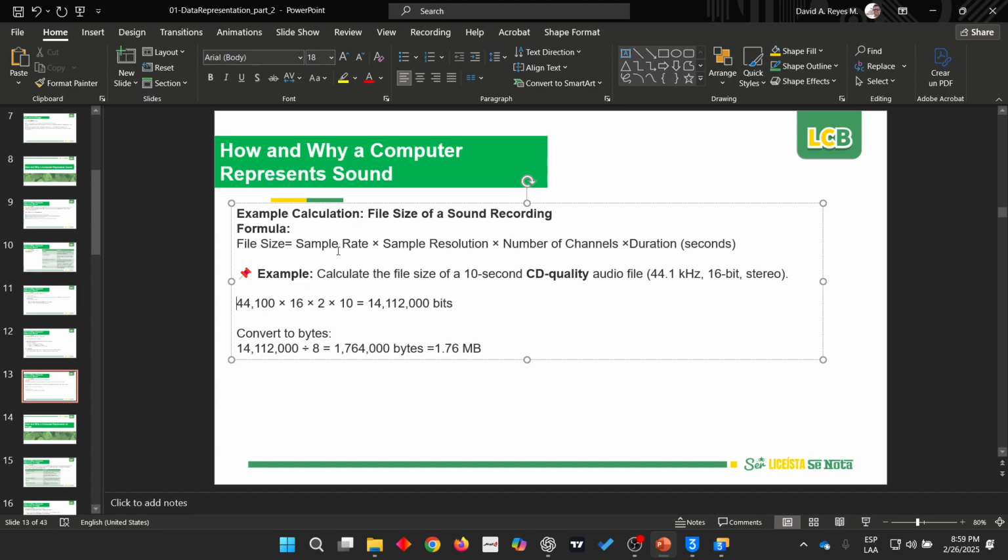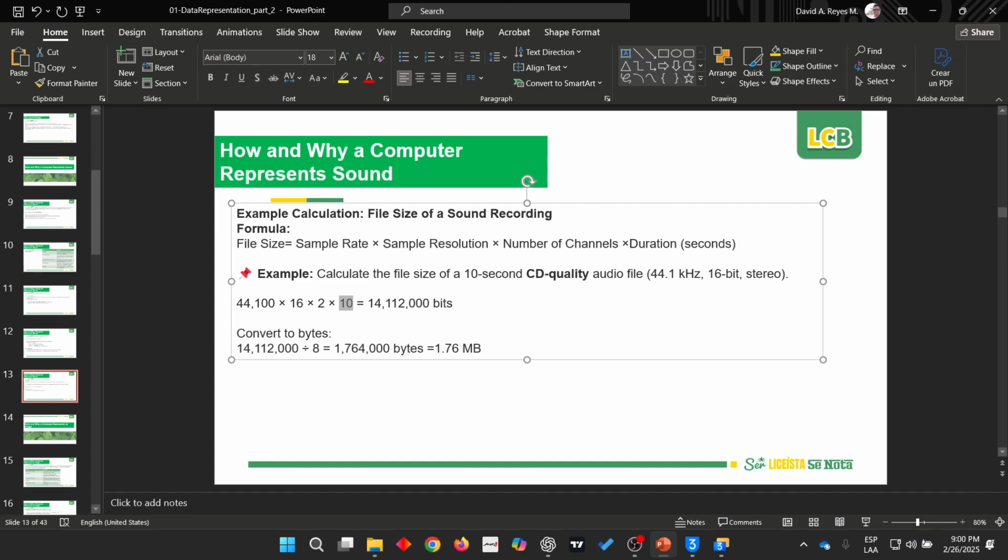So here we have an example. 44,100 hertz. Remember, that is the sample rate. Now, 16 is the sample resolution. That means that we are using 16 bits in a sample, two channels because it's stereo, and 10 seconds.